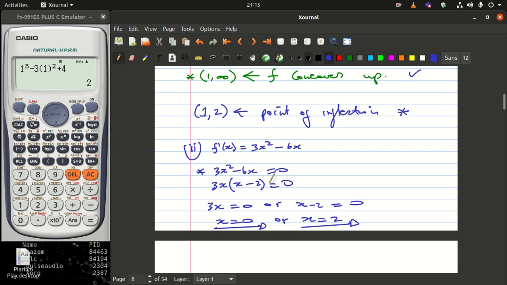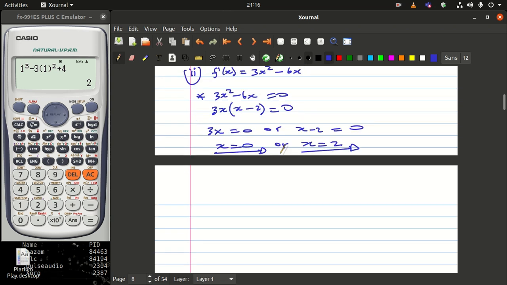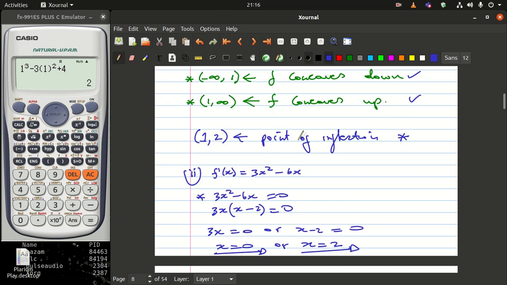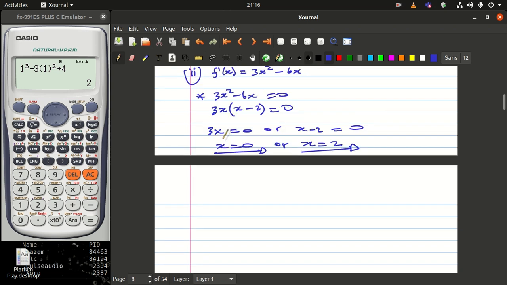In other words, these are the values of x that make the first derivative equal to 0. These are the points where the function is not increasing and also not decreasing. The point of inflection is the point where the function is not concave up or down, but is changing in between. So I want you to get those. Once you have these points, you want to find out what values of x make the first derivative undefined.